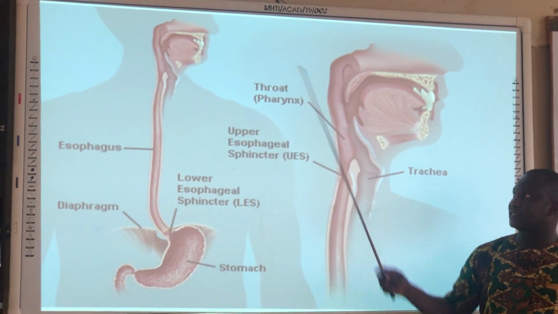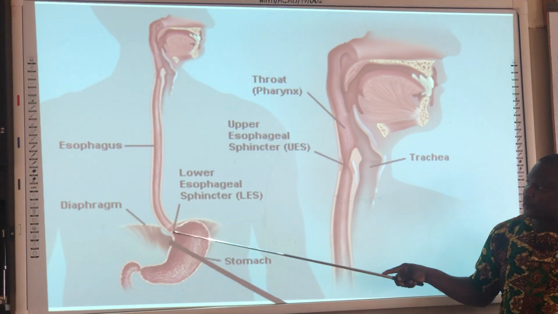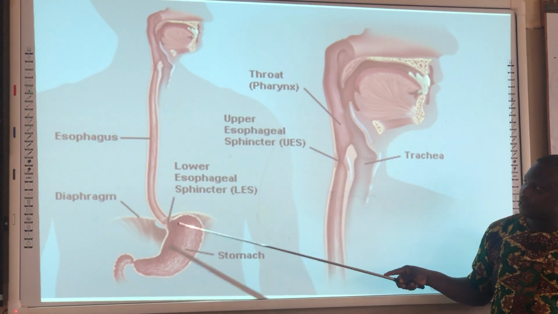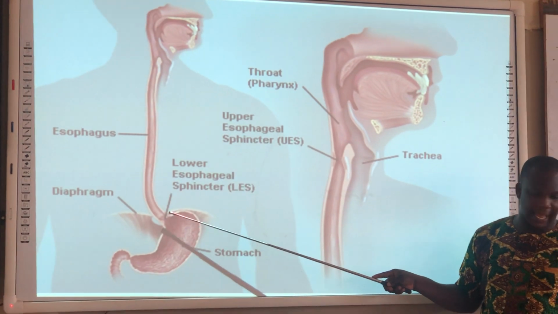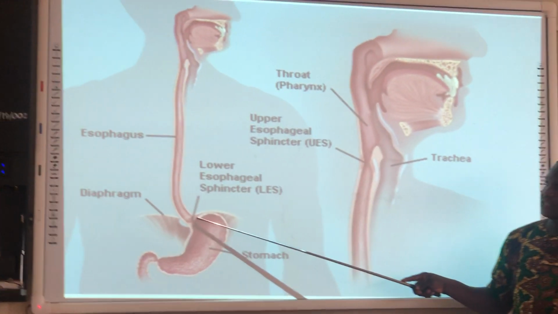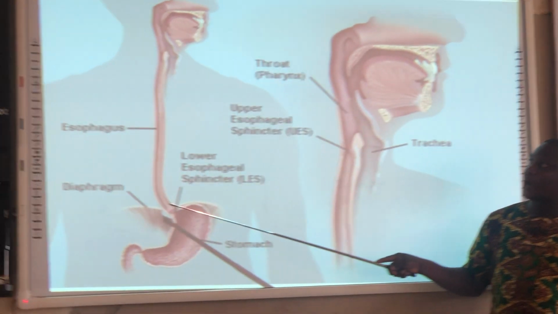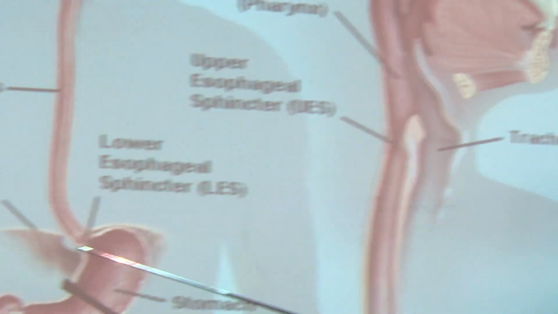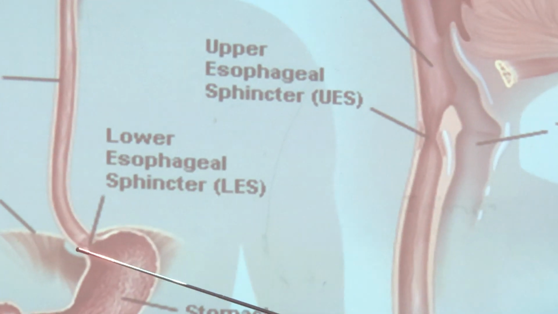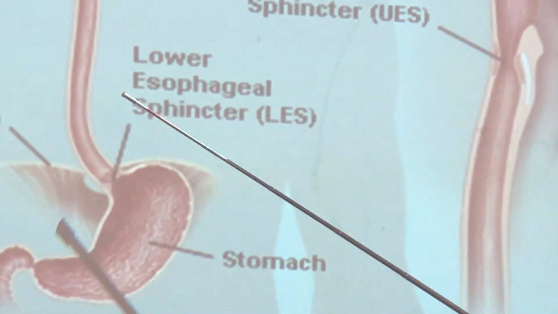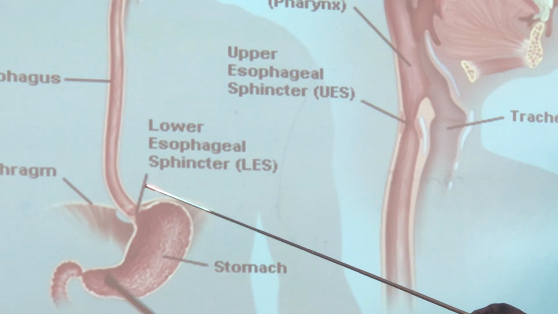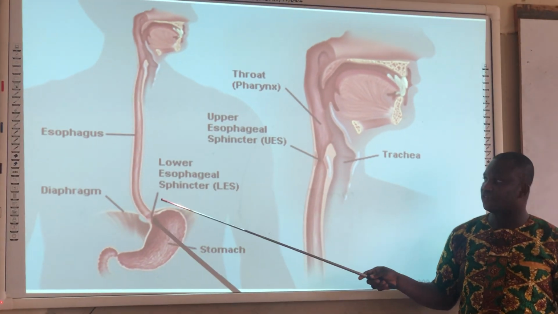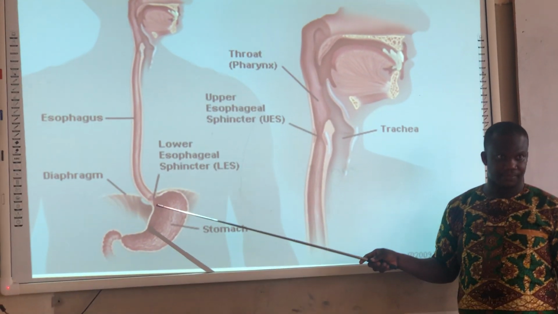Now, as you can see, at the junction of the esophagus and the stomach, there is a thickened ring of circular muscle fibers. Look at the junction where the esophagus meets the stomach. It is made up of a thickened ring of circular muscle fibers, which is known as the lower esophageal sphincter.